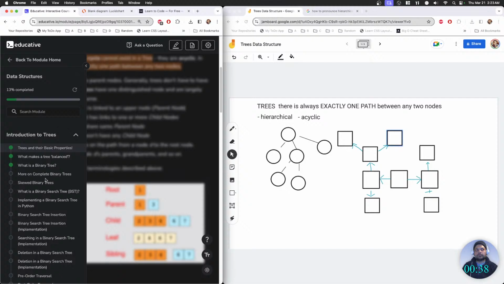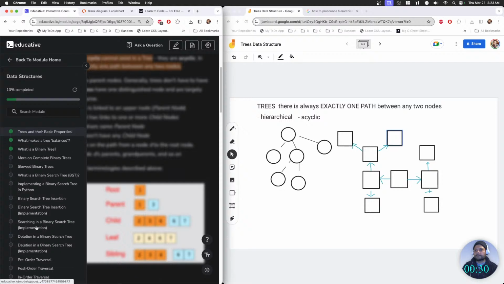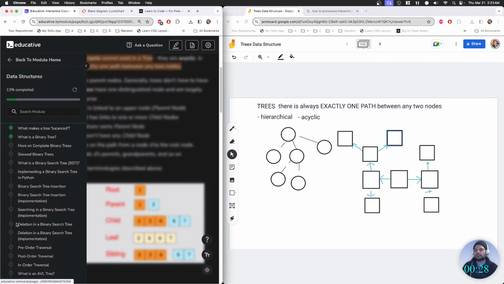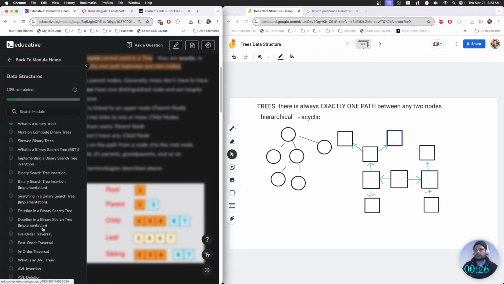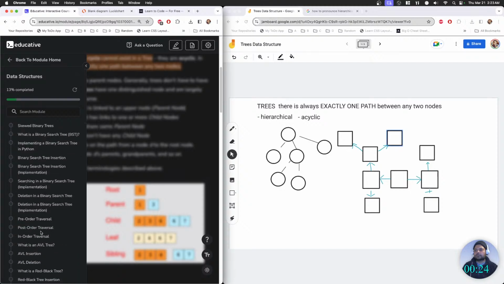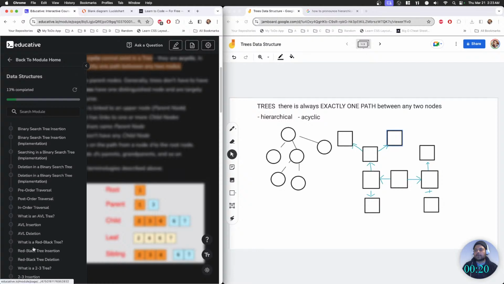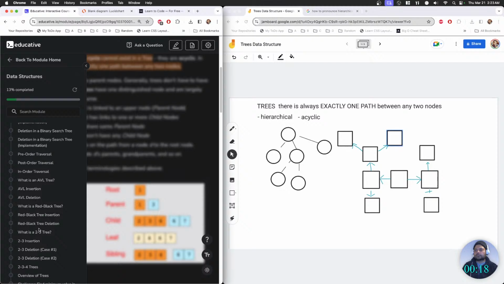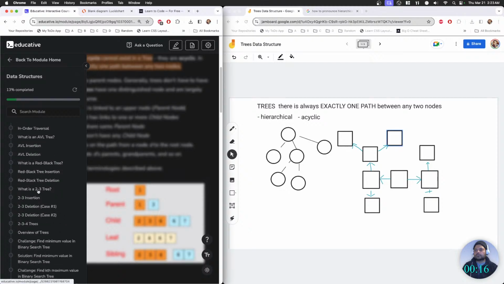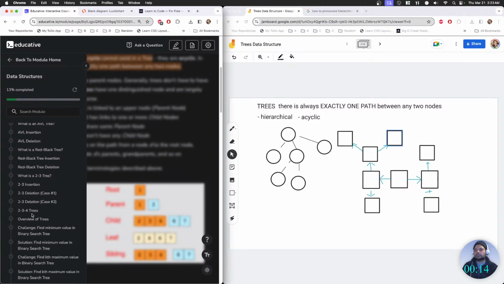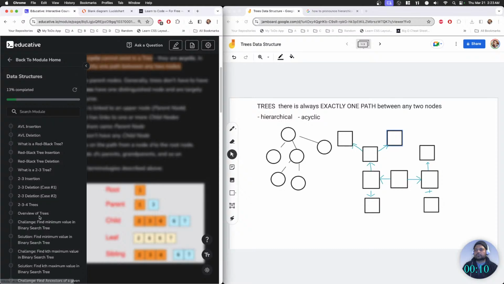So that'll be Friday morning. And then Saturday will be implementing a binary search tree. Sunday will be deletion. Pre-order, post-order. Monday, what is AVL tree? What is red black tree? Tuesday, Wednesday, and then Thursday. So yeah, a week.